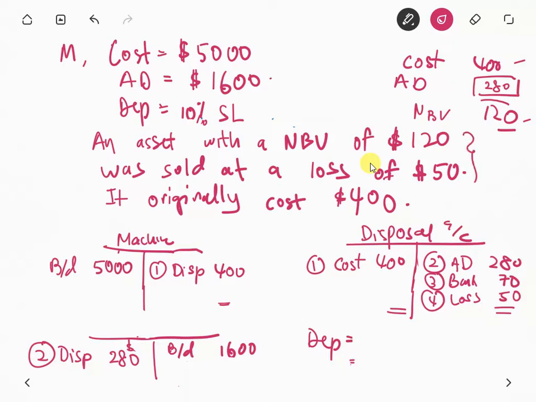But can you get the 70 from here? When my net book value is 120 and I sell it at a loss, means I sell higher or lower than 120. I sell lower by 50. When I sell lower, means I sell 70. Is it okay? 120, I sell 70, I make a loss. So we can actually find from here the 70.